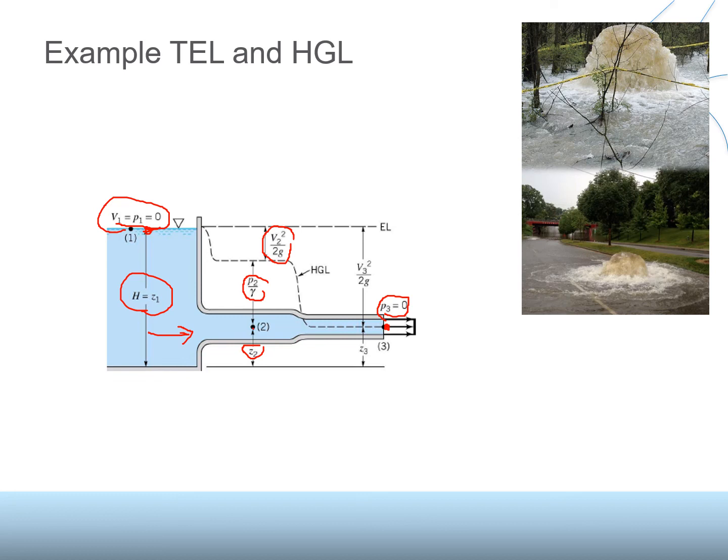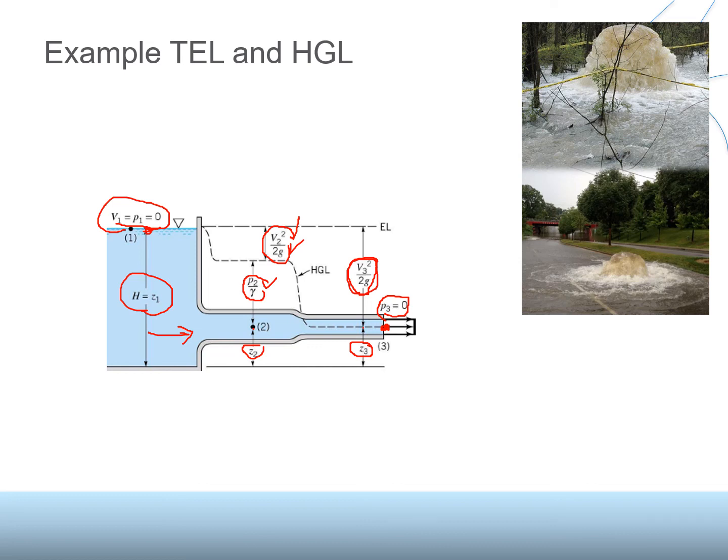If you compare section 2 and section 3, it's the same elevation, which means all the energy has to be converted. The pressure head and velocity head have to convert to velocity head only, because pressure at that point would be 0, right? So the total energy at this point will be the summation of the elevation head plus velocity head, but the pressure head is 0.